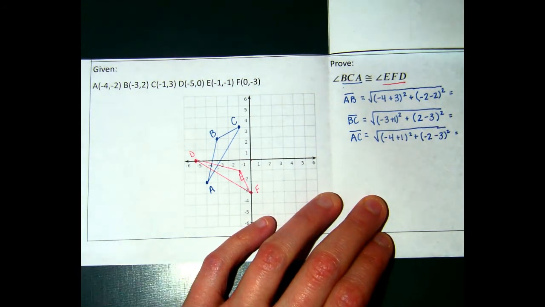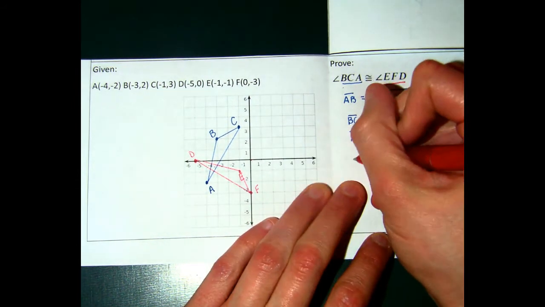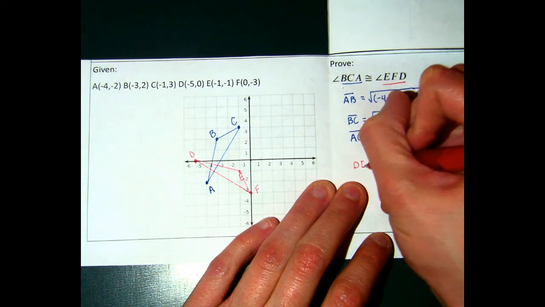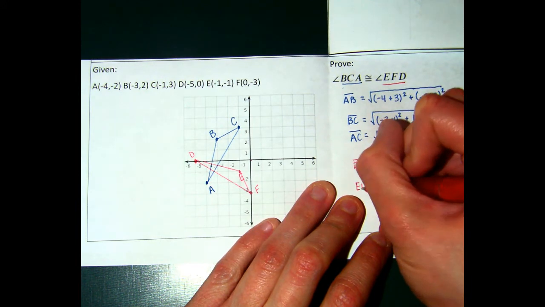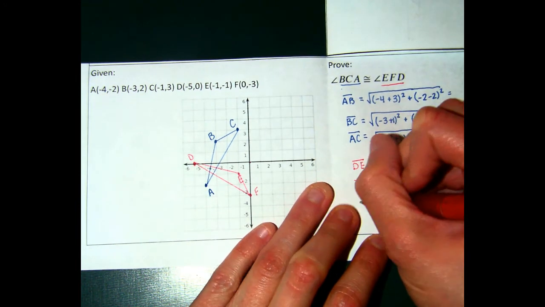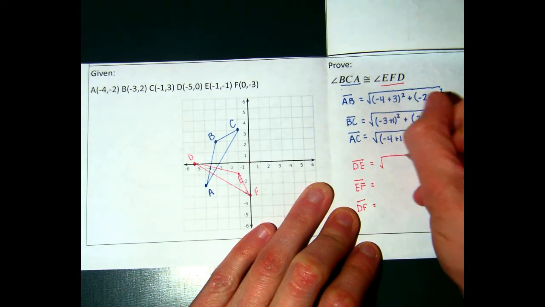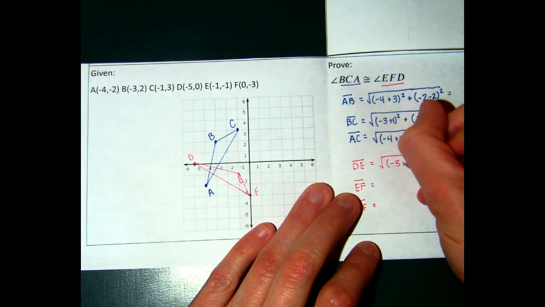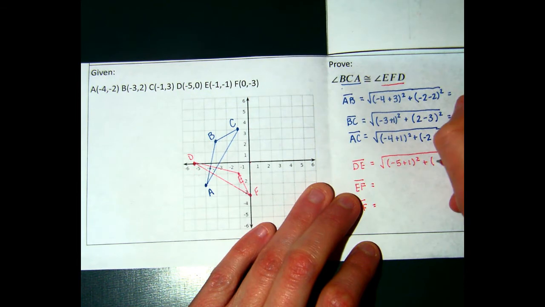While I'm setting them up, I'm going to go ahead and set up the other three sides of this triangle as well. Remember, since I have this on a coordinate plane, it just is going to be easier. The best way to prove that these are congruent is through the distance formula and side triangle congruence theorem, which is why I have to find the lengths of all the sides. Alright, so DE is negative 5 plus 1 squared plus 0 plus 1 squared.